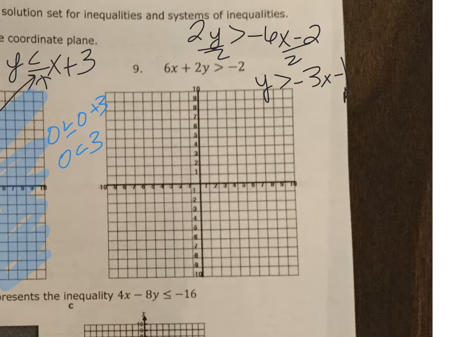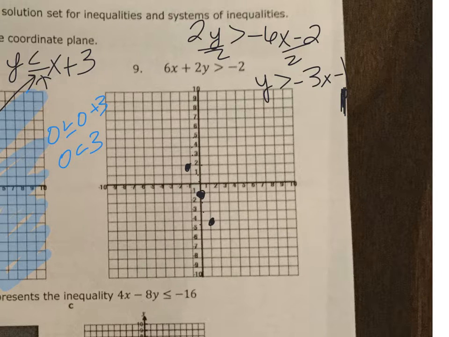Okay, minus. There's a 1 there. So I'm starting at negative 1, right there. And then my slope has to be negative 3. I had a lot of people draw me a positive slope. Negative 3 means down 3, 1, 2, 3, to the right 1. Or up 3, 1, 2, 3, to the left 1.